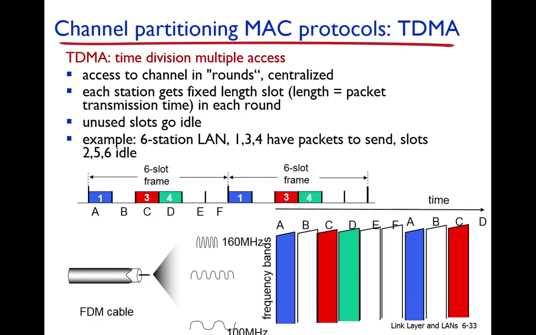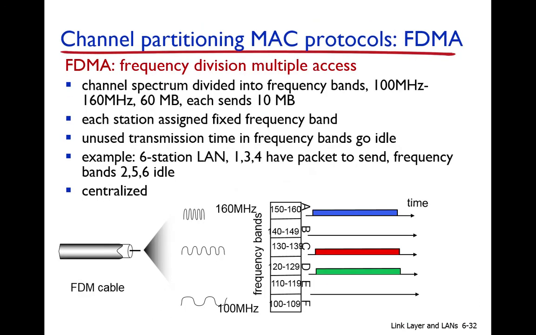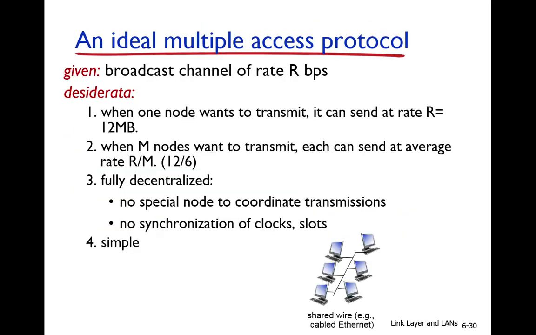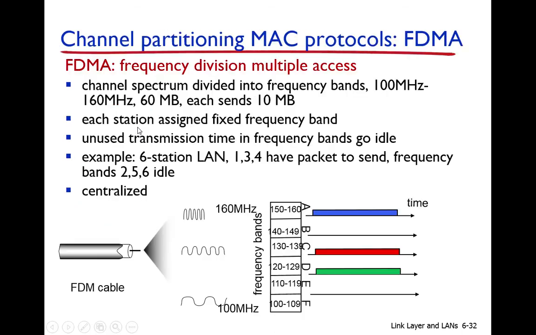Okay. So we can see what an ideal algorithm is. The ideal algorithm is one where, when a node wants to transmit, it can send at full rate. So you can see that in FDMA, the node cannot send at full rate. The full rate is 60 MB, but the node is sending 10 MB per second.